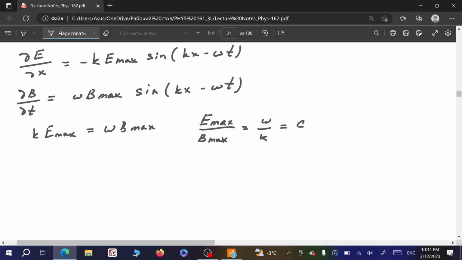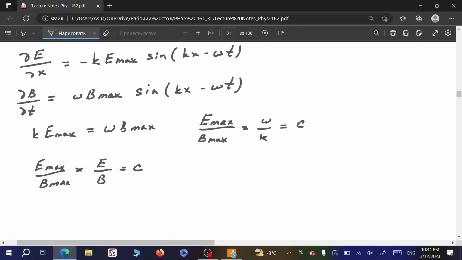So in general, we can write that the ratio between maximum electric field to maximum magnetic field will be equal to the ratio between electric field and magnetic field instantaneous values at any given moment of time, and that will be equal to c, speed of light.